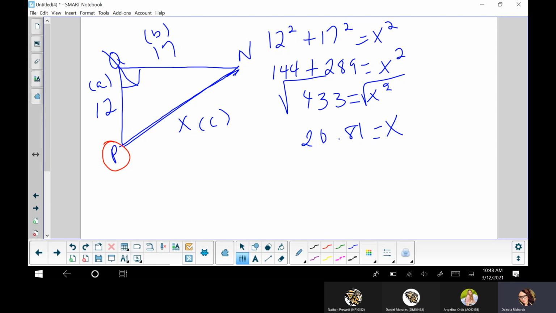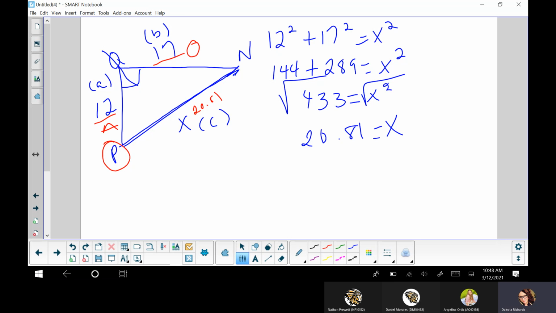So angle P, you can use basically any ratio you like because we already have all of those sides. You know, this one was 20.81. I'm going to use the ratio that deals with the 12 and the 17 just because there's no decimals. Looking from angle P, 17 is your opposite, 12 is your adjacent.